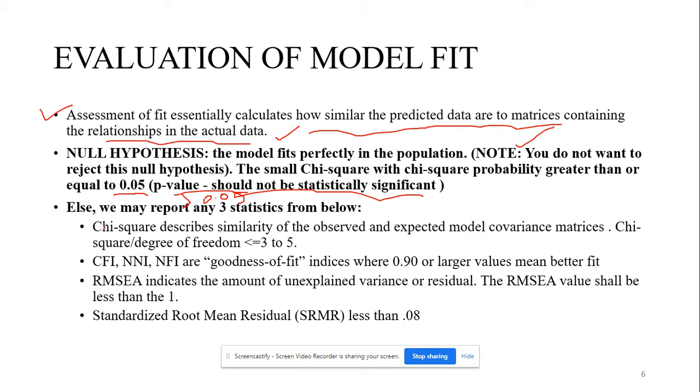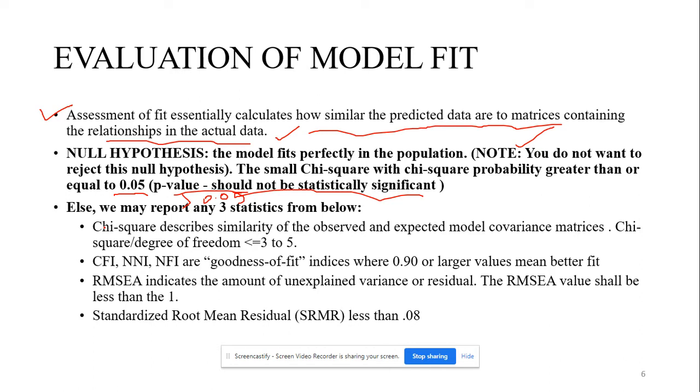When we do a structural equation model, we want to report the model fit: whether this model fits the sample data, and whether this will hold true in the population data as well.